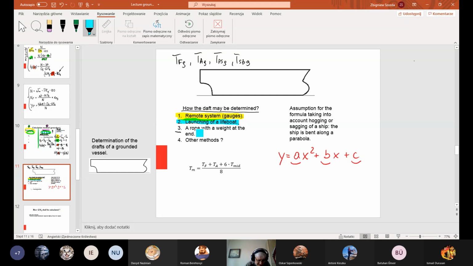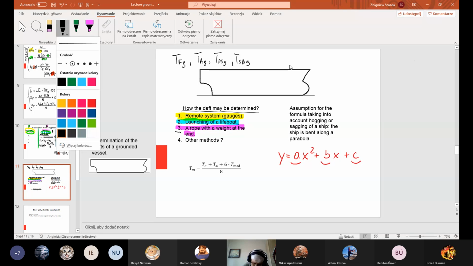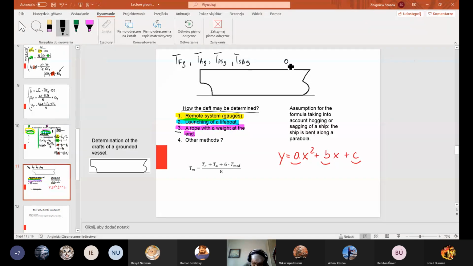And the last method I mentioned here is using a rope with a weight at the end. My imagination of such a method is that you can choose a place on deck and measure, using a rope and a weight at the end, the distance between the deck and the water line.